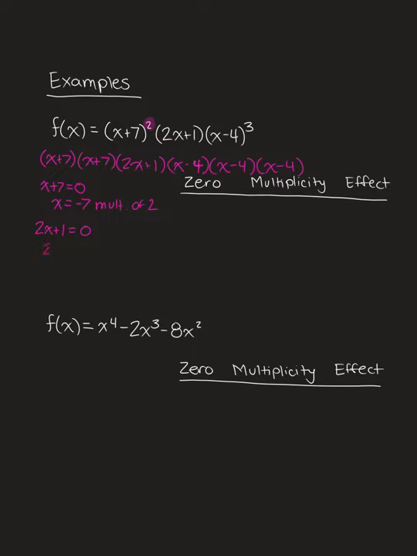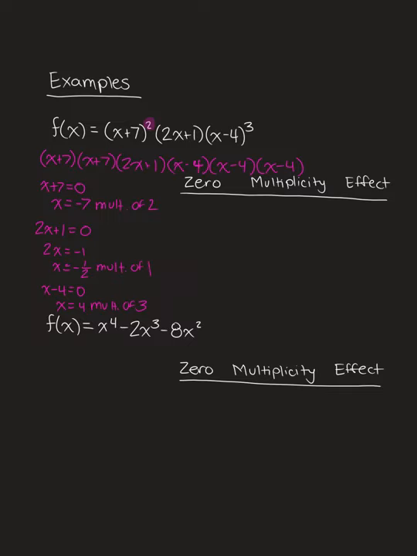So subtract 1, you get 2x is equal to −1, and x is equal to −1/2. Okay, and that one only happens once, so technically your multiplicity is 1. Now let's do the x − 4. If you add 4 to both sides, you will get x is equal to 4, and that one happens 3 times, so you have a multiplicity of 3.